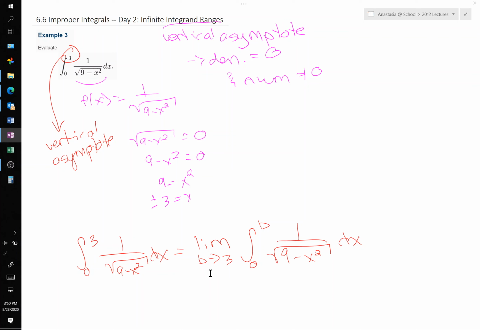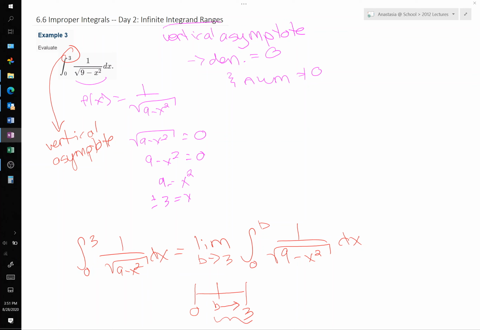But with these type 2 improper integrals, we don't just have an overall limit. Because we have a vertical asymptote, we have to approach 3 from one side. Which side depends on whether you're talking about the upper bound or the lower bound. Think about the interval from 0 to 3. b is some value in the middle that you have chosen, and b is going to be approaching 3.